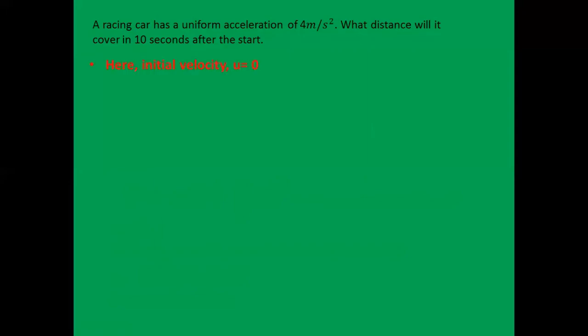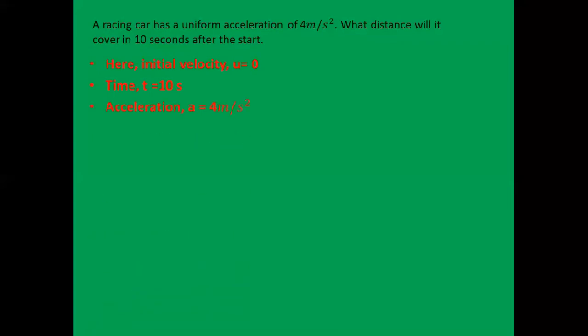In this question, the initial velocity u is equal to 0, because the racing car starts from rest; the last sentence says 10 seconds after the start. After the start means it was at rest, so the initial velocity is 0. The time is also given, 10 seconds.